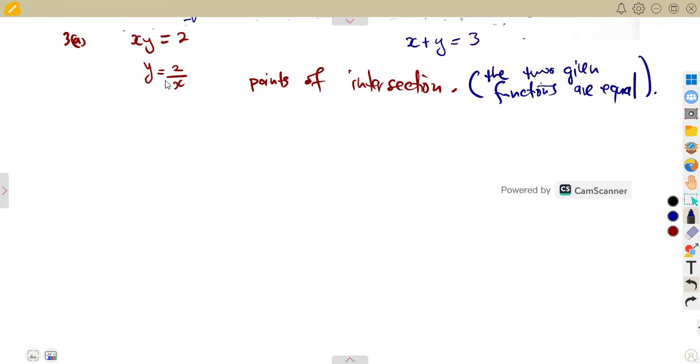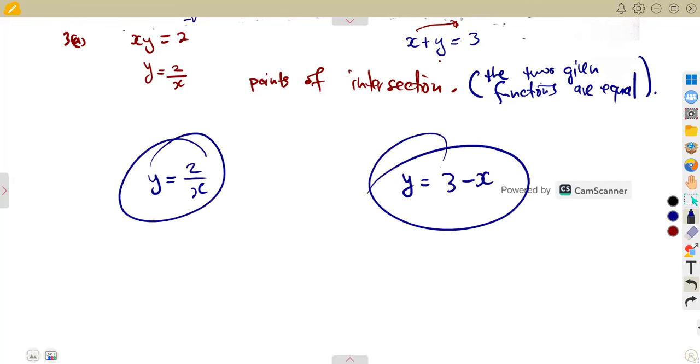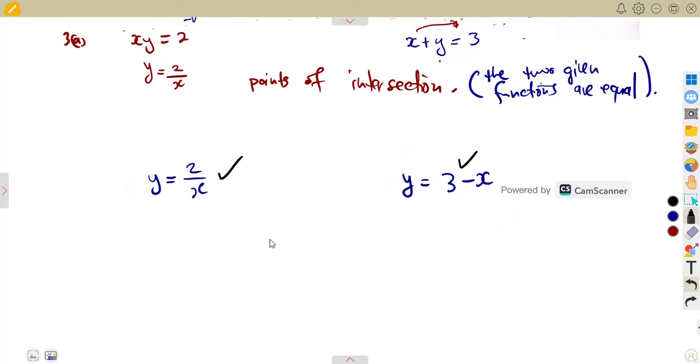So it follows that this function, y equal to 2 over x, must also be equal to the other function, which, if I transpose, is y equal to 3 minus x. So 2 over x must be equal to 3 minus x.